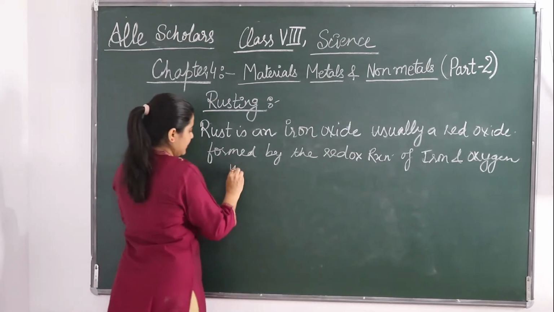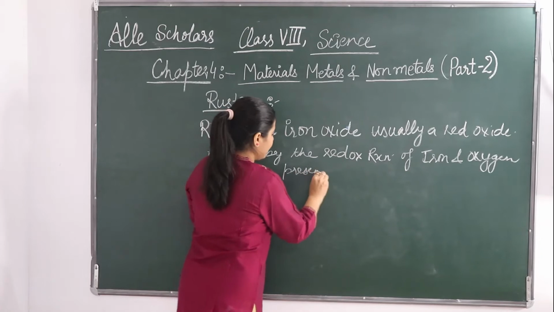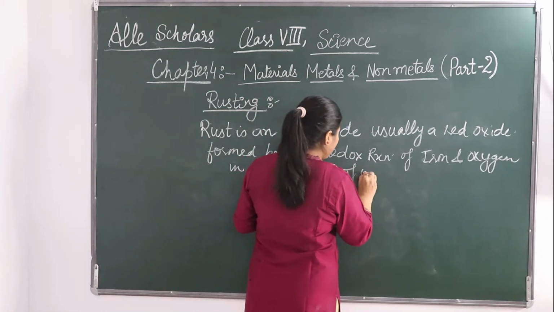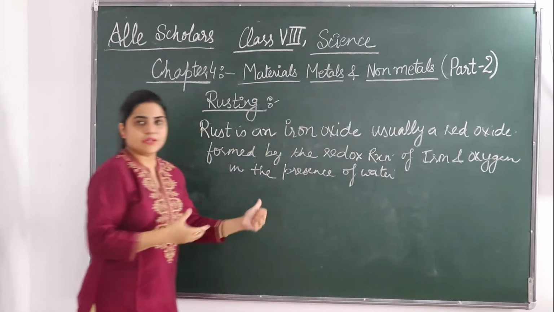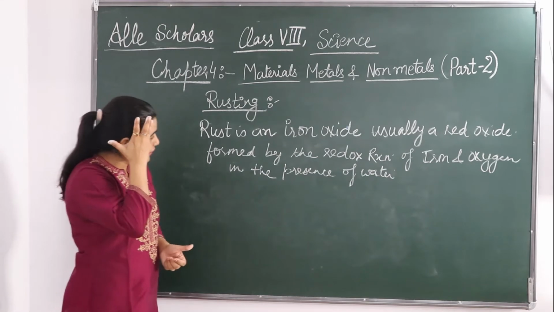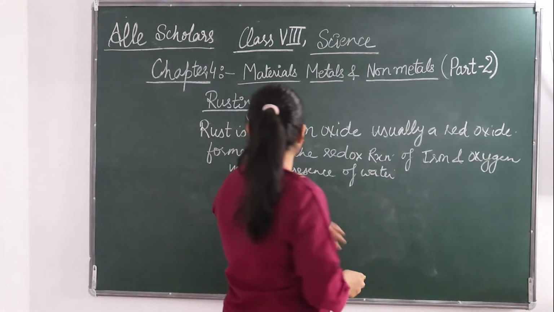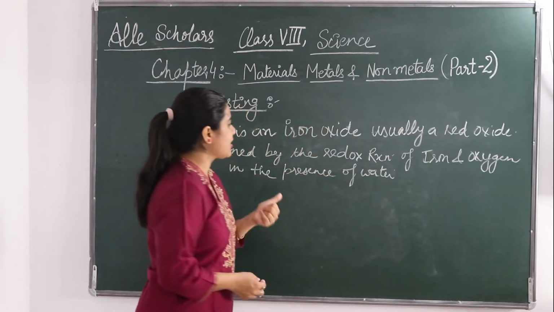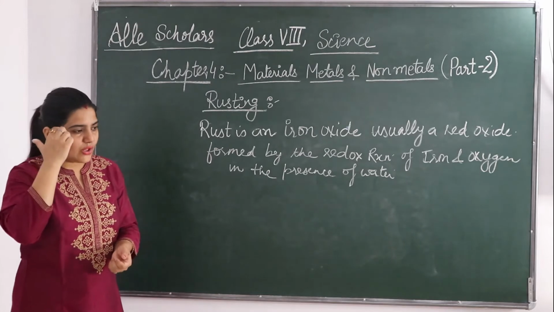I have just now shown you that iron plus oxygen plus water, all of them were involved. So rust is an iron oxide, usually a red oxide, formed by the redox reaction of iron and oxygen in the presence of water.